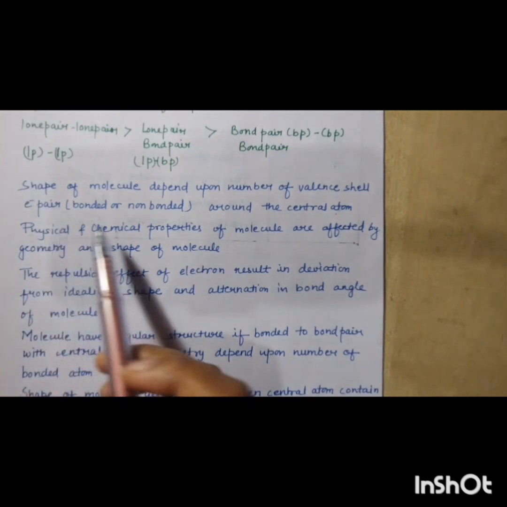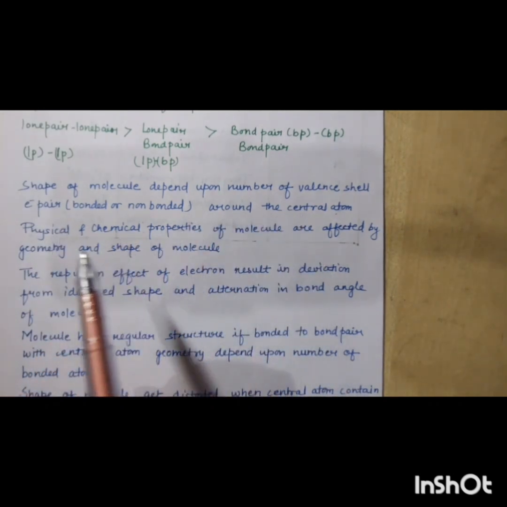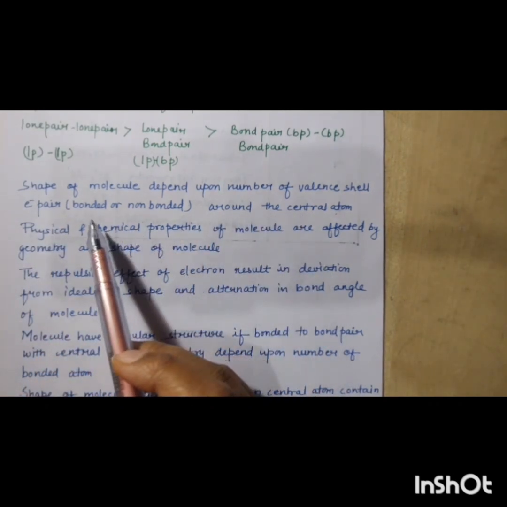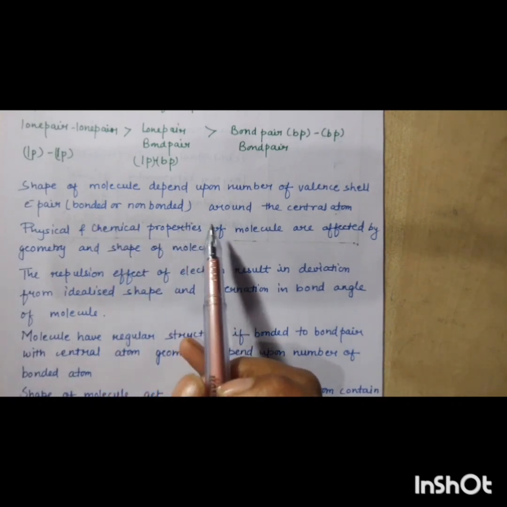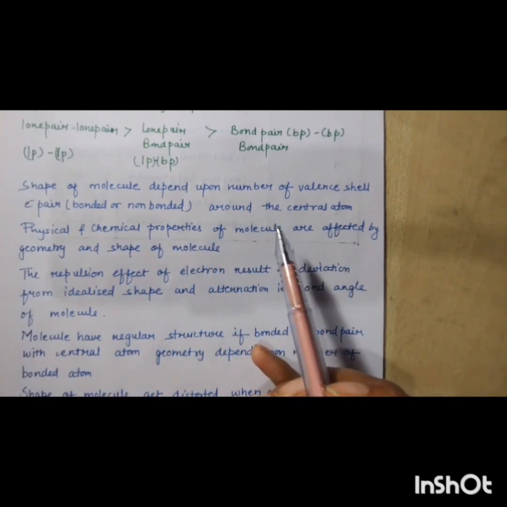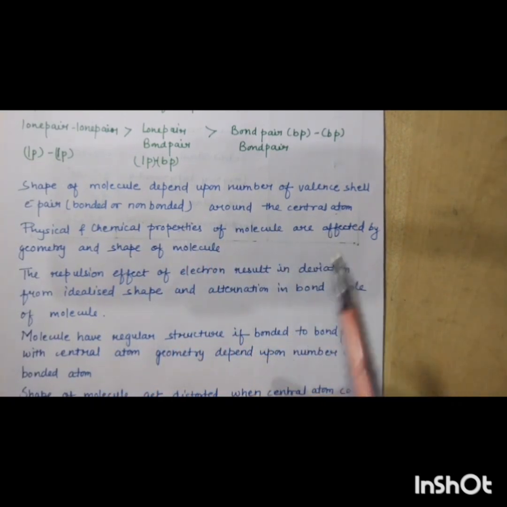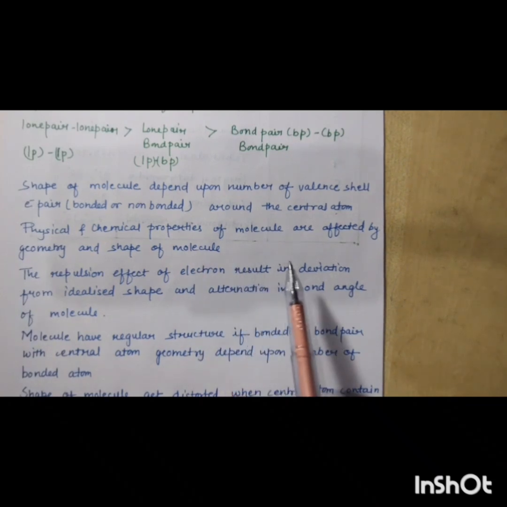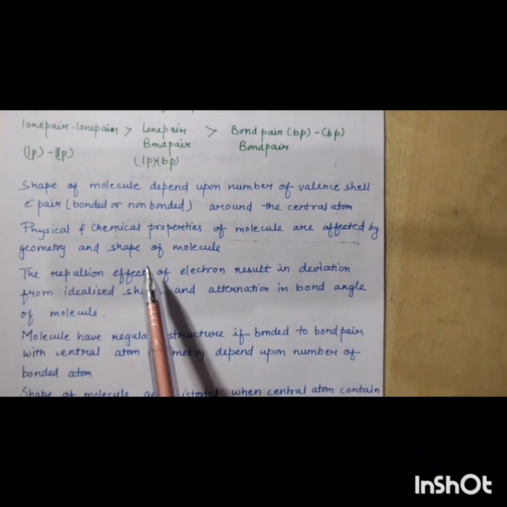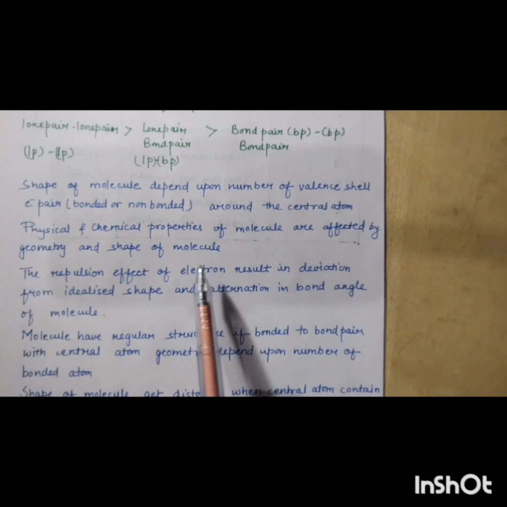Now the shape of a molecule depends upon the number of valence electron pairs, either bonded or non-bonded, around the central atom. And also the physical and chemical properties of a molecule are affected by the geometry and shape of the molecule.